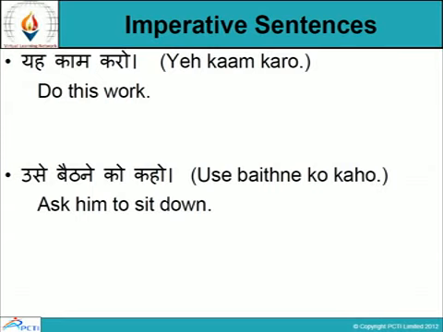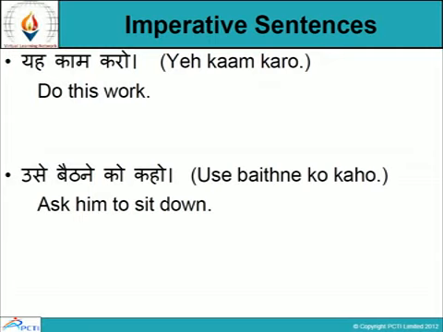Now some imperative sentences in which there can be an order or request or command. Do this work. यह काम करो. So it's a command that you have to do this job. यह काम करो.